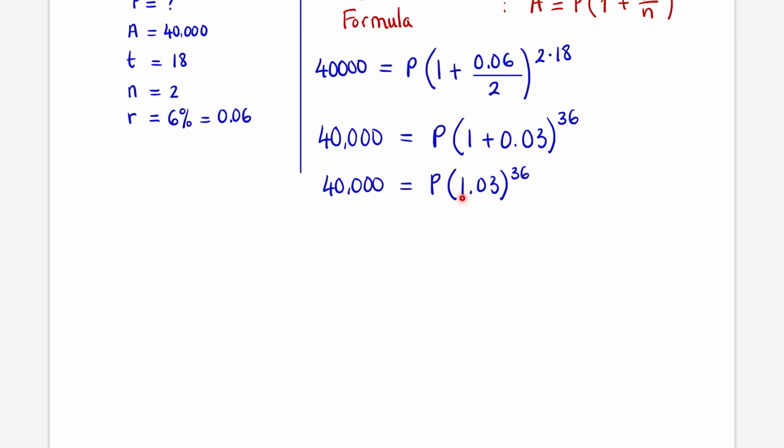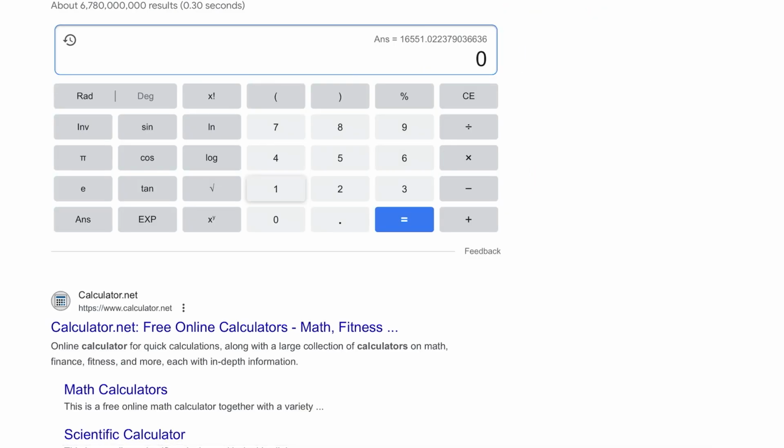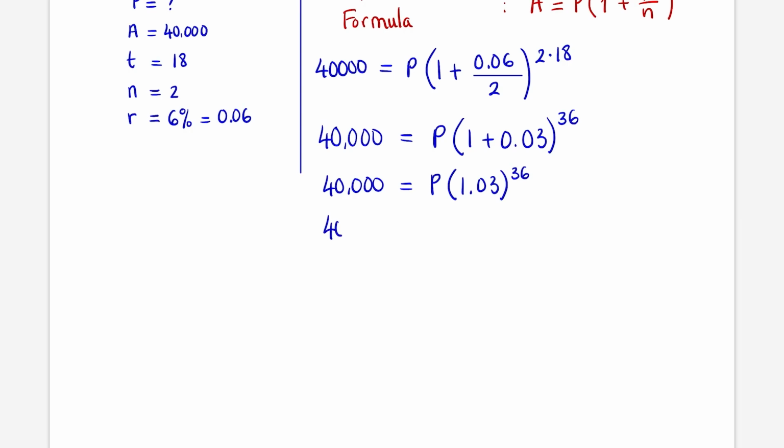Now, I need to take 1.03 raised to the 36. I get 2.8982783828. So 40,000 equals P times 2.8982783828.